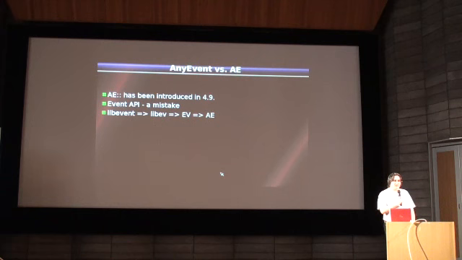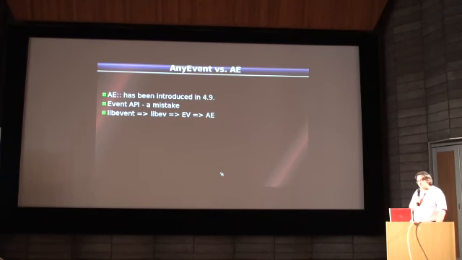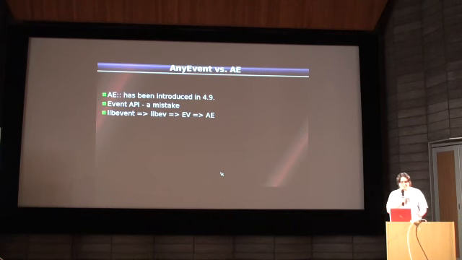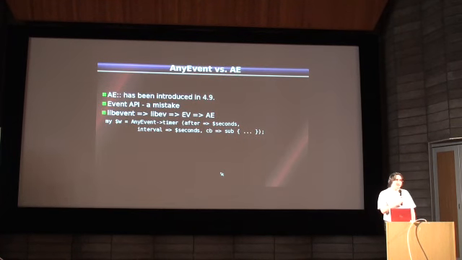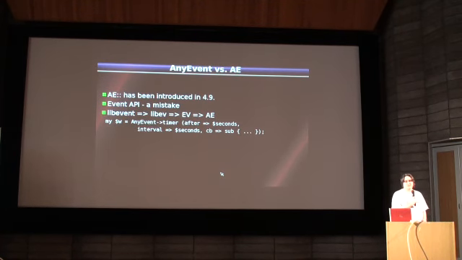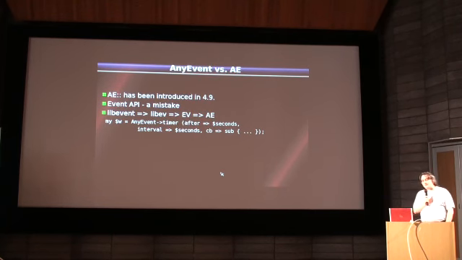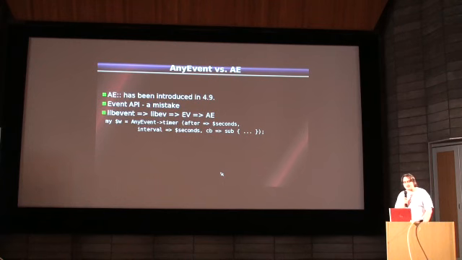And because at the same time I was writing libev, which uses a radically different approach, a very simple one, I basically ported the EV API to AnyEvent. So the old way to create a timer was by calling the timer method in the AnyEvent module with named parameters: after, meaning call my callback after so and so many seconds, interval, meaning and then do it so and so many seconds again and again, and the callback it is supposed to call.